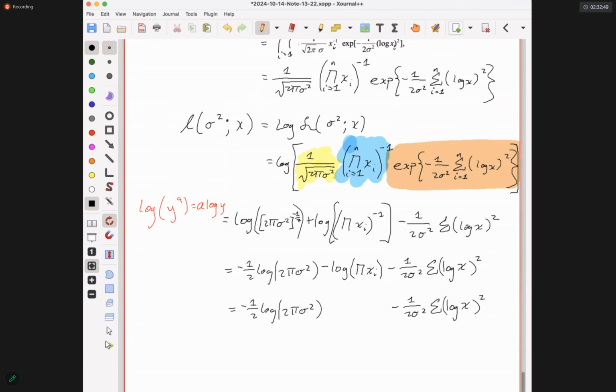No, so this is still just an application of the log of products as the sum of the logs. So this is minus the sum of the log xi's. Does that make sense?